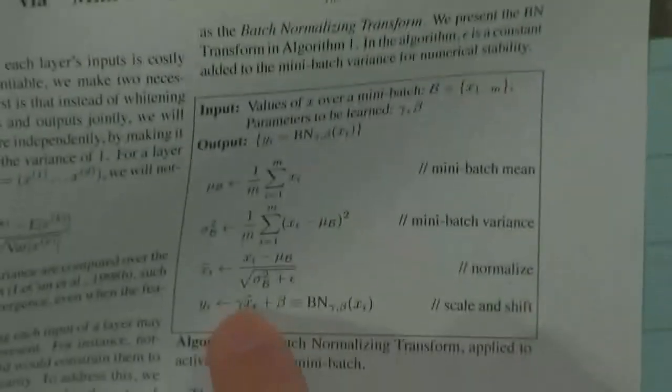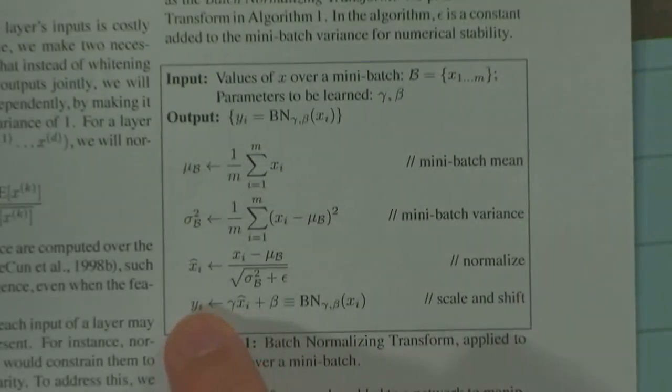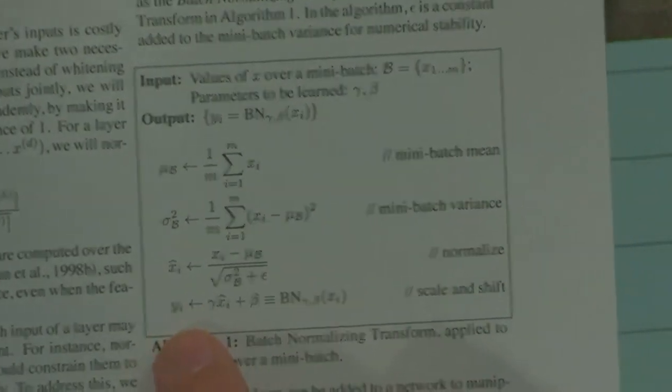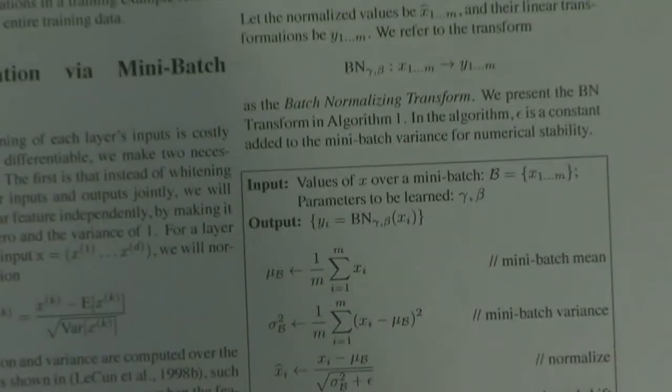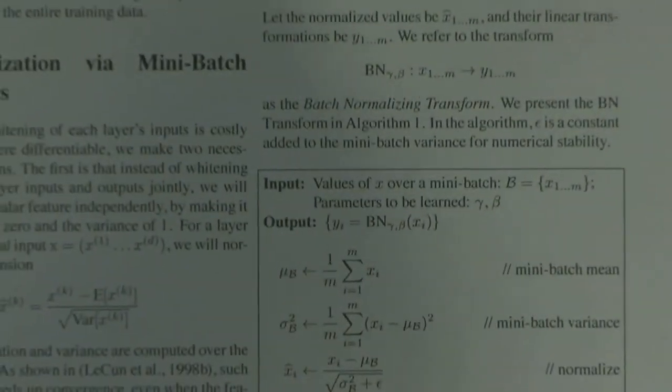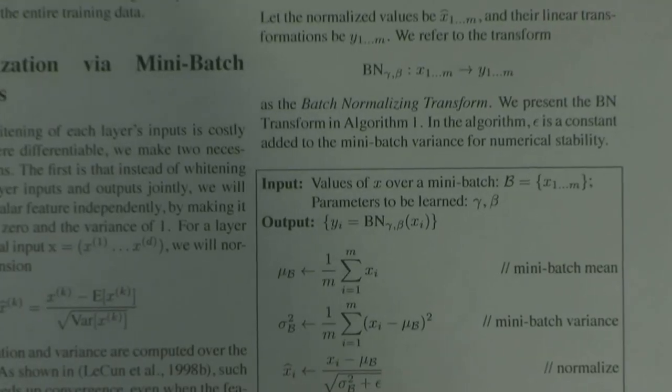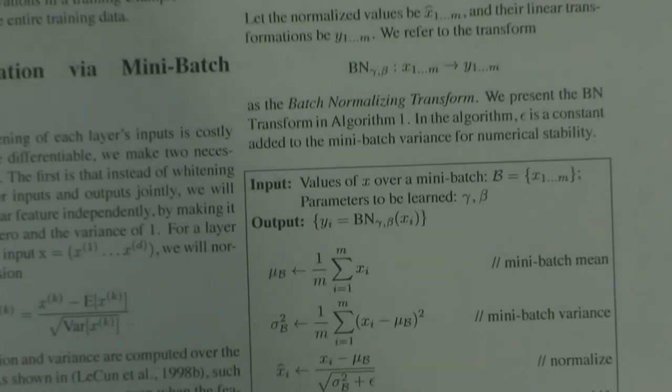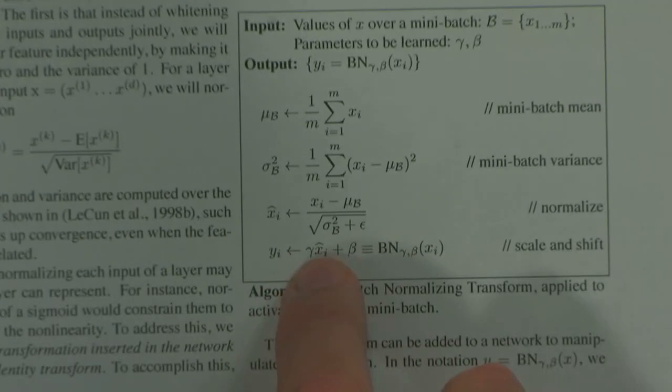Then, if I look at my gamma, I have one gamma for all my y's, right? So that means the change in the loss is going to depend upon all the different values that I have with respect to the derivative with respect to y, and then all the different changes with respect to x hat.